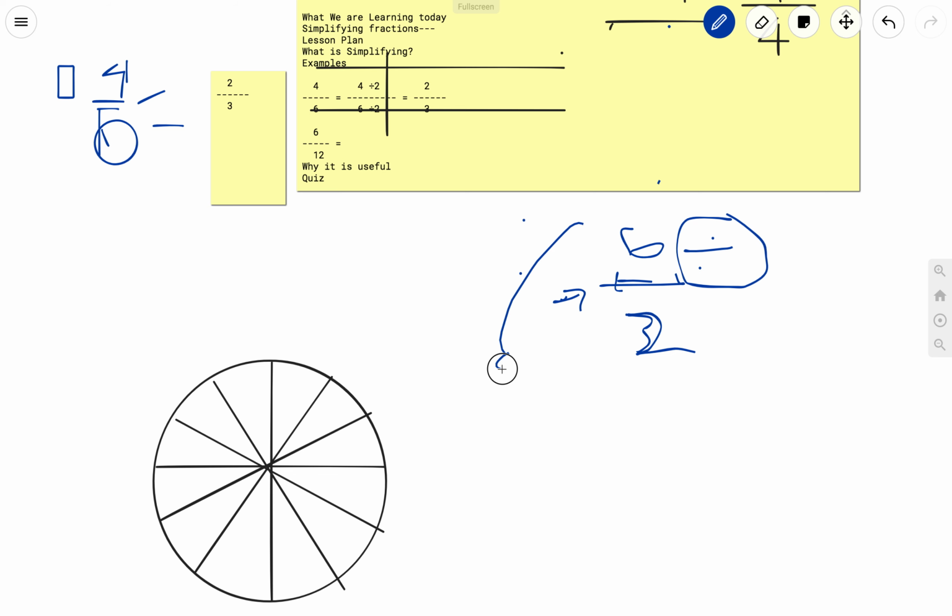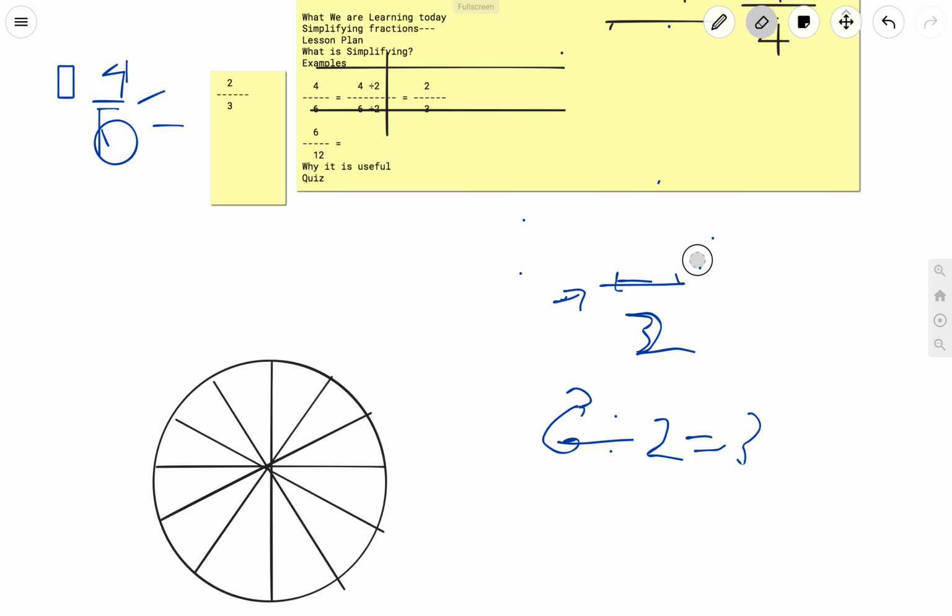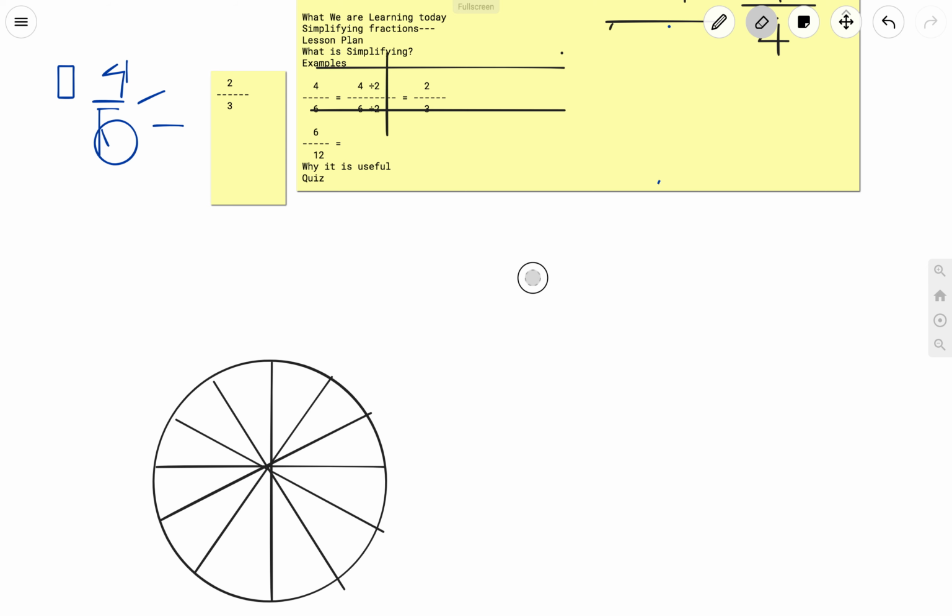So basically you get 6 divided by 2 equals 3. In these scenarios, just like the last one, you still have to simplify. And this is extremely important. When we get into basic operations of fractions, you will see why.